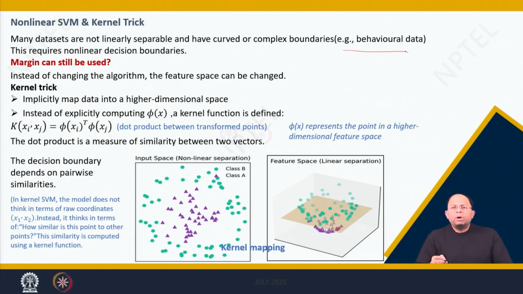Now, if the decision boundary is nonlinear, can we still use the concept that we used earlier? That is, can the concept of margins still be used? Because it was based on the concept of a plane which is equally distant, or a straight line in that way. So instead of changing the algorithm, that means the decision boundary remains the same, we change the way we look at the data or the points.